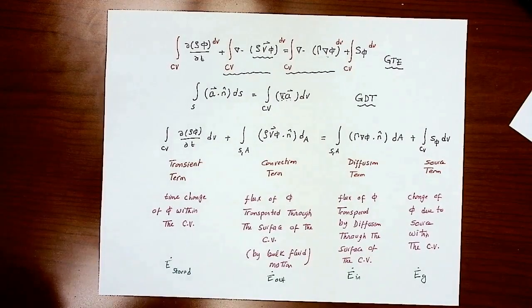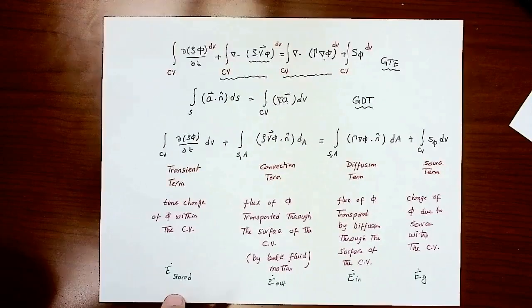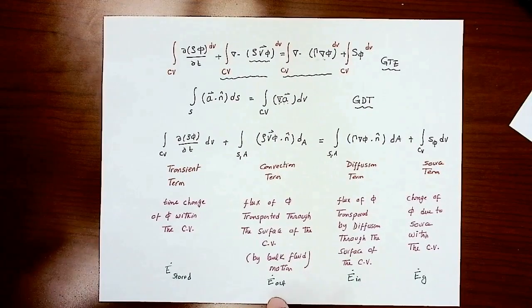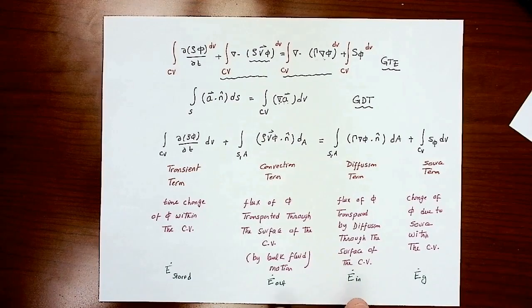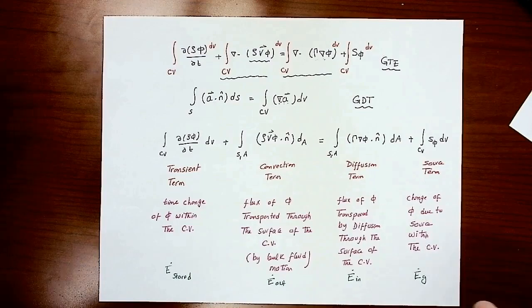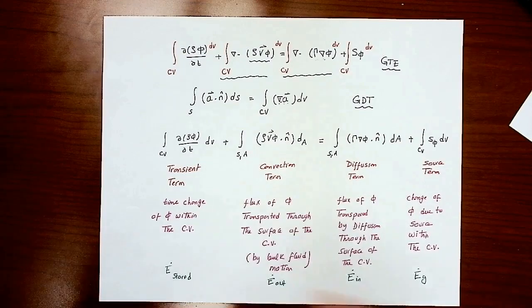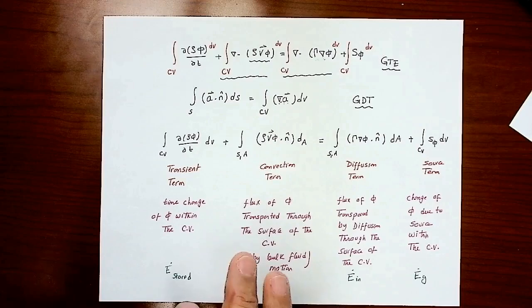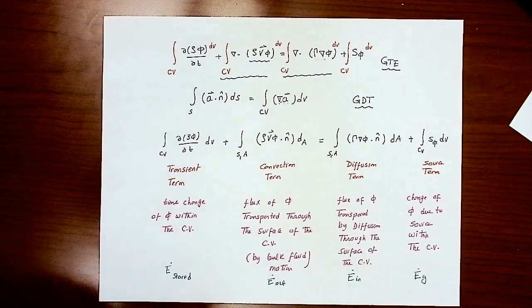So the time change of the energy stored is related to the energy leaving by convection, and whatever is coming in by conduction or diffusion. But we combine the in and out, convection by itself and diffusion by itself, and this is the energy generated term. Again, this is just a very simple interpretation of that equation.